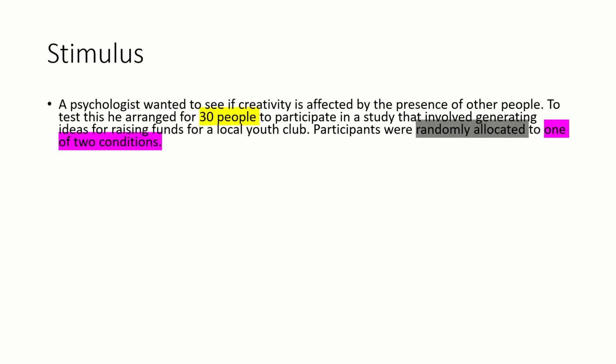So IV, DV, method, experimental design, sample, sampling method, extraneous variables, control variables, or controls, not variables. Okay? If you didn't do that, you must do it every time you see it. That is the key to doing well in research methods questions, as you'll see when we look through the questions.